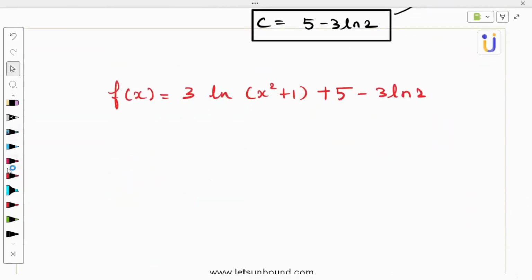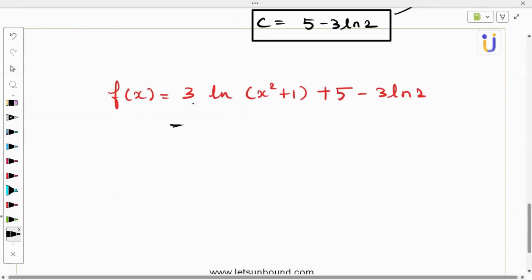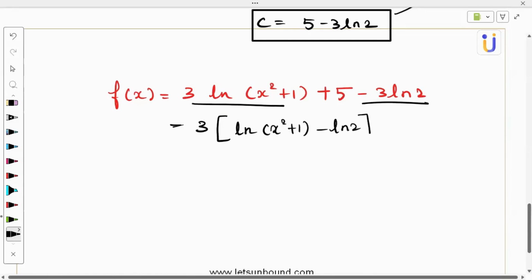Further simplification can also be done. This is the answer, but for the best answer, let's write 3 ln x square plus 1 minus 3 ln 2 plus 5. Take the 3 common and you'll get 3 times ln x square plus 1 minus ln 2, plus 5. So this becomes a single ln.